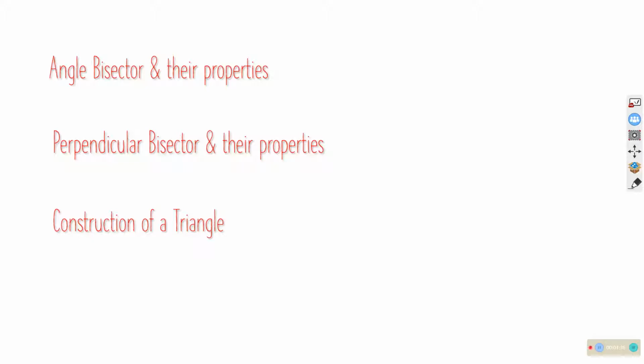The word construction has a lot of importance in our day-to-day life, is it not? When I say construction, you may remember the construction of a building, or you may remember the construction of a very small thing like a SIM card in your mobile. All these are constructed. For that we need accurate measurement and construction of it on a paper before making it in the factory.